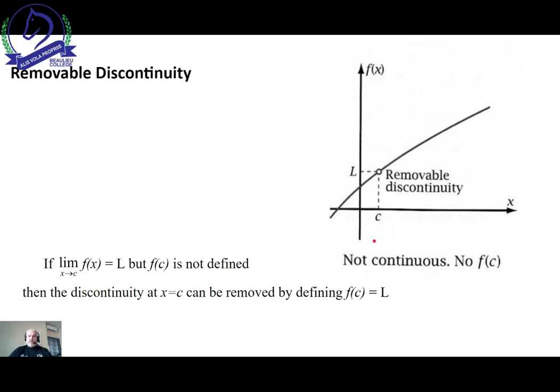In other words, the function is not continuous at c, but because the limit exists at c, we can redefine the function and say that at c the function will have a value of L, or whatever the limit is in this case. That is a case of a removable discontinuity.